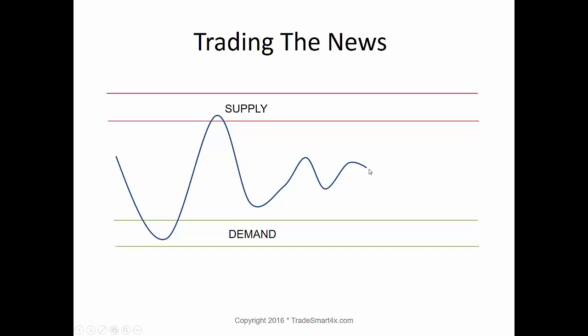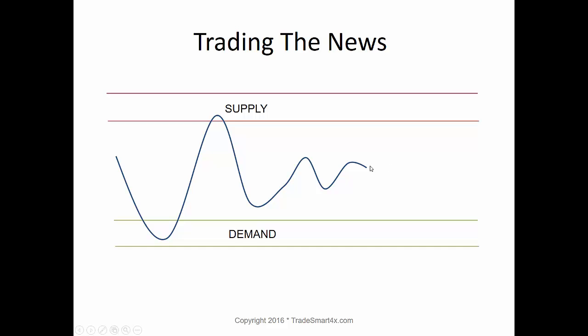Good news comes out, say on ABC Pharmaceuticals, and the market gaps up here on Monday morning into a supply area. Now, once the last buyer has bought and there's still more willing sellers here, we're in a situation where there's more supply than demand, and the market is going to drop.